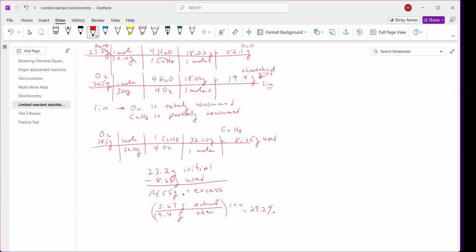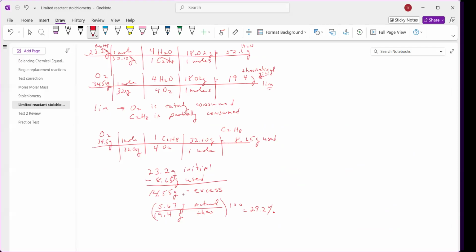And for the percent yield, you have to be given the actual yield. So it's actual over theoretical times 100. In your lab packet, they always say times 100%. That is wrong. 100% is 1. If you multiply by 100, you calculate percent, but you're not multiplying by 100%. Any questions about this?